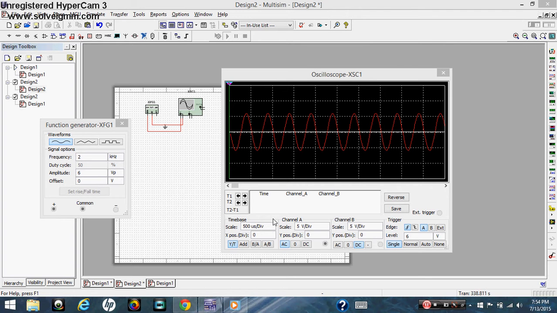On the scale right here we have 500 microseconds per division and 5 volts per division. So this is what the waveform would look like on the oscilloscope with these values inputted in the generator.